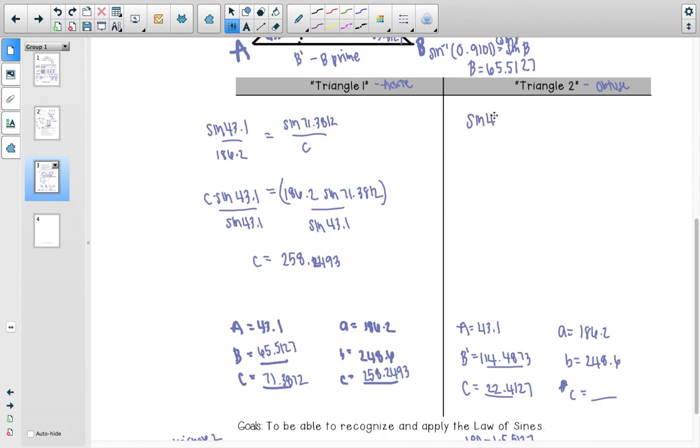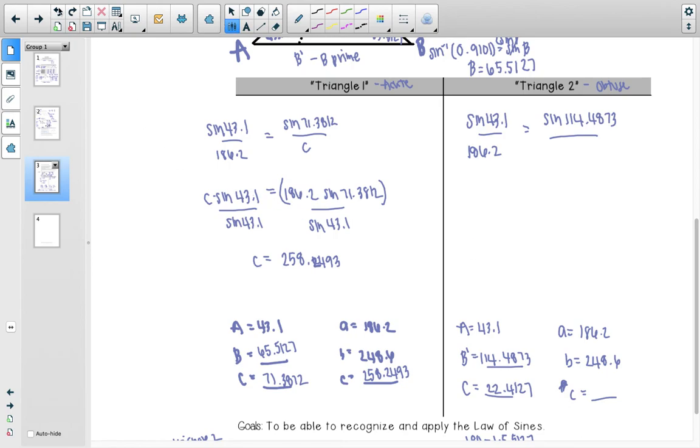So it's literally the same setup as triangle 1. The only difference is our B value is an obtuse angle, which affects our angle C. Oops, made a mistake, hold on.